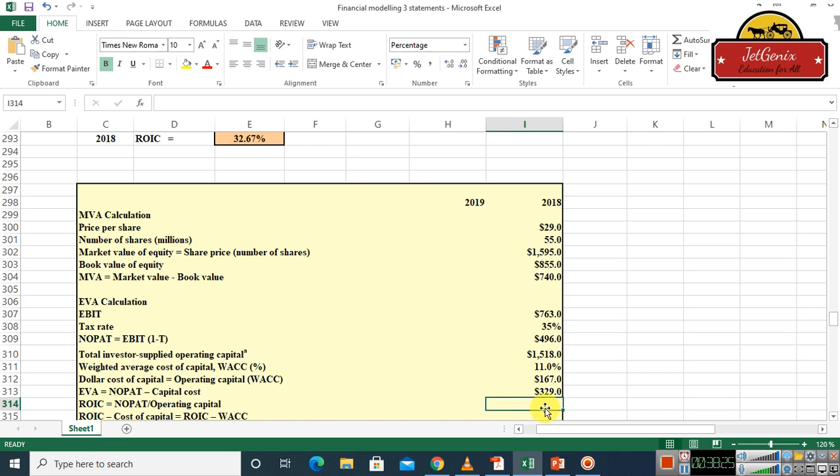And if we want to calculate the return on invested capital, we are just going to select this one, because the formula is here, net operating profit after tax divided by operating capital. So net operating profit after tax for 2019 is here, I think this one, yes, and divide it by the operating capital.